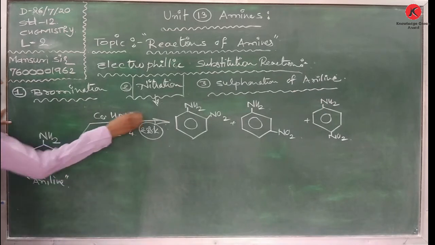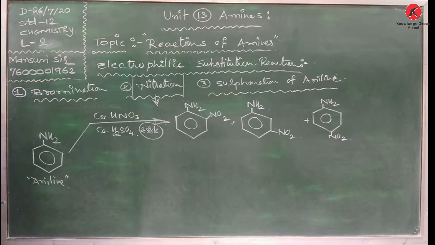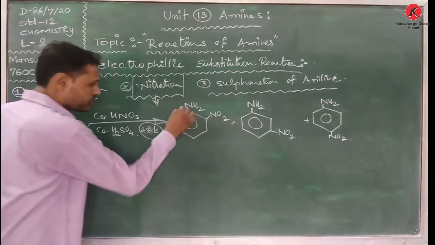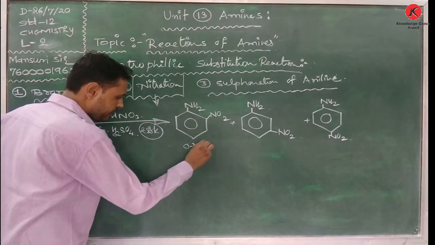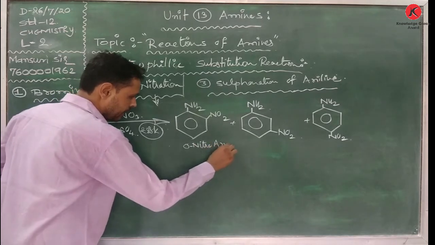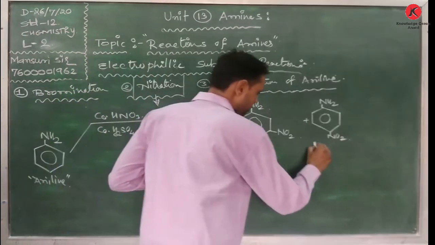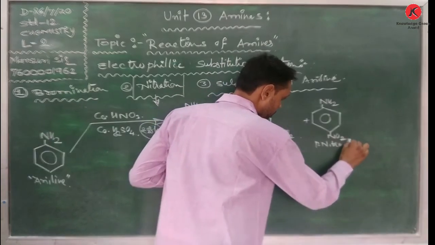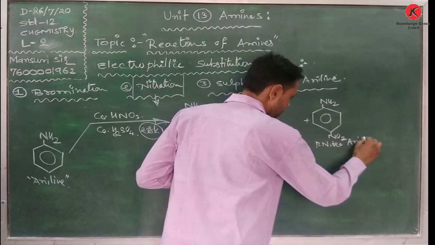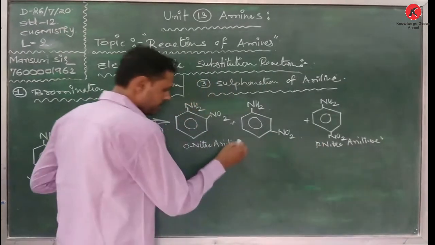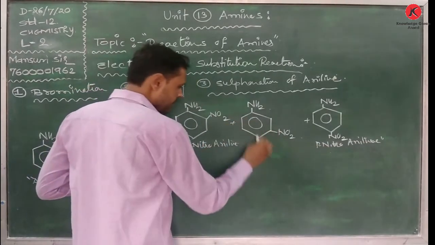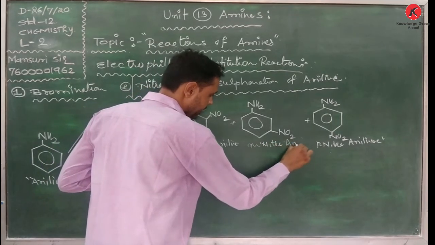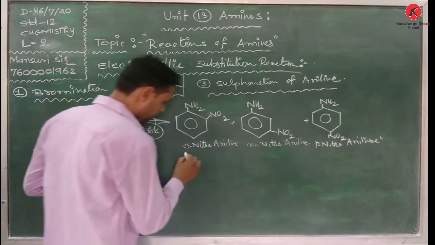reacts with the mixture of concentrated HNO3 and H2SO4 at 288 Kelvin temperature, then O-nitroaniline, ortho nitroaniline, thereafter para nitroaniline, and besides these two, meta-nitroaniline is obtained.